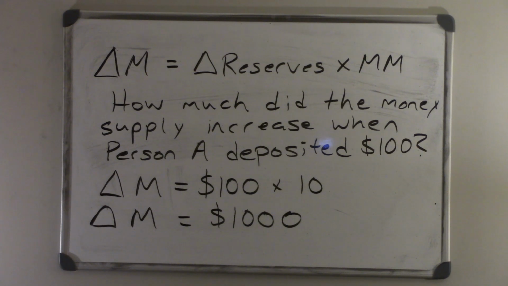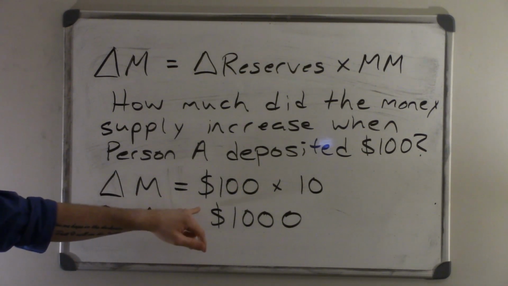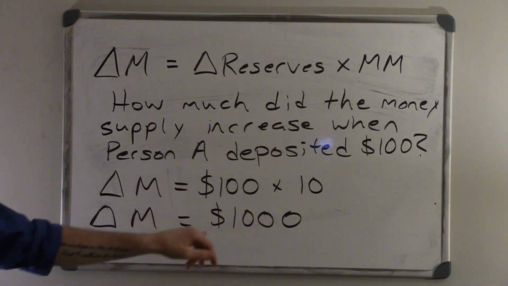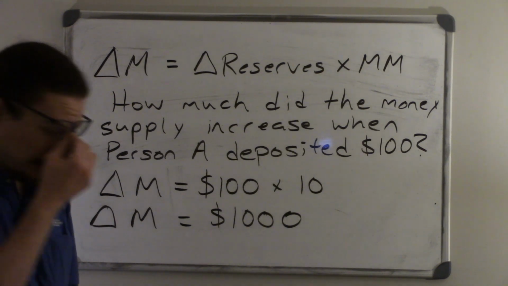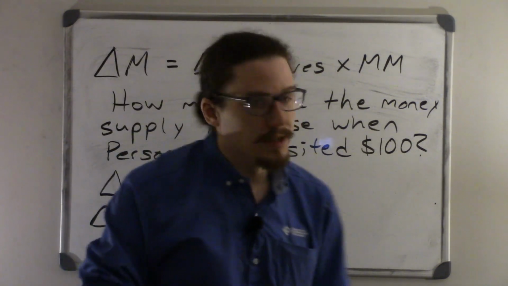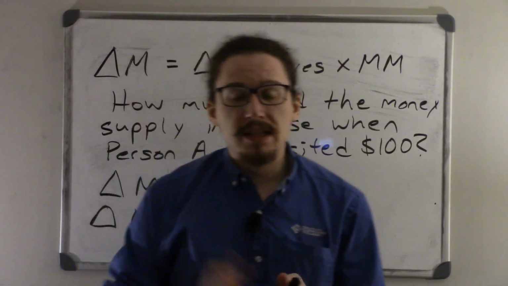That is how we can determine the change in the money supply. A $100 deposit, assuming that it continues to get loaned out, or lent, I never know which one the past tense of loan is, ends up changing the money supply by $1,000. It increases it by that much.